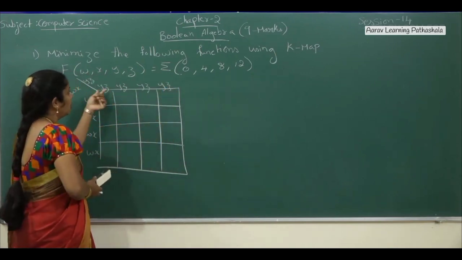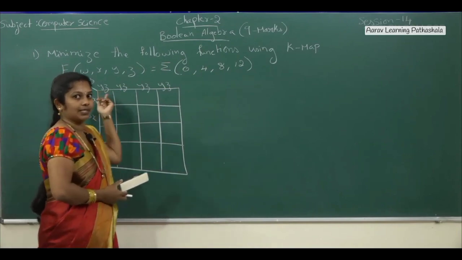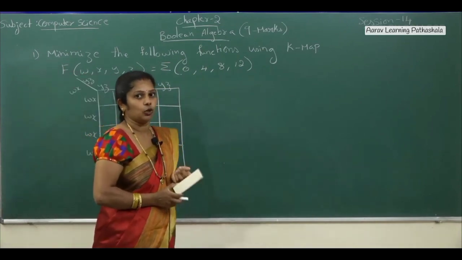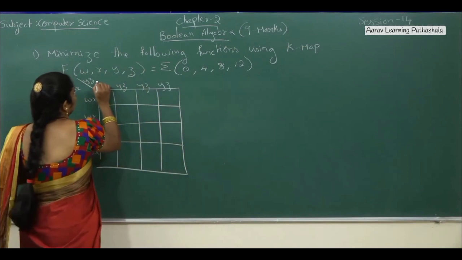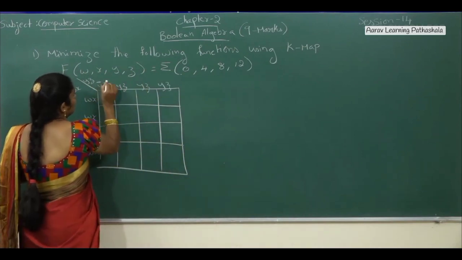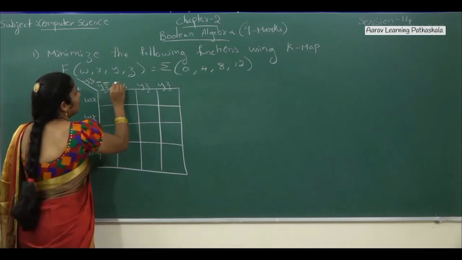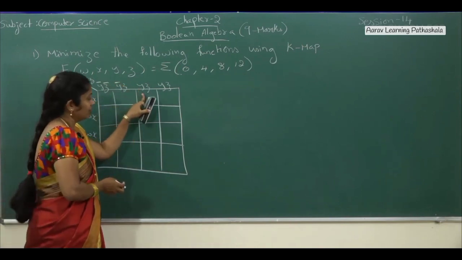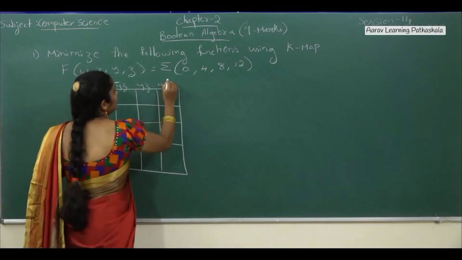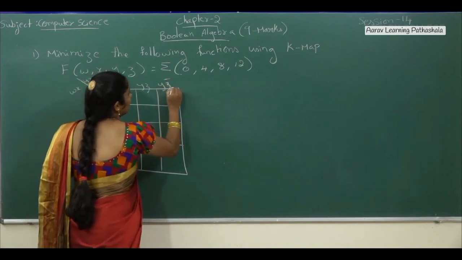The first 2 literals represent 0, 0, so you have to write bar. y bar, z bar. And here 0 and 1 represent y bar and then z. Here 1, 1 is y, z, and here y, z bar.